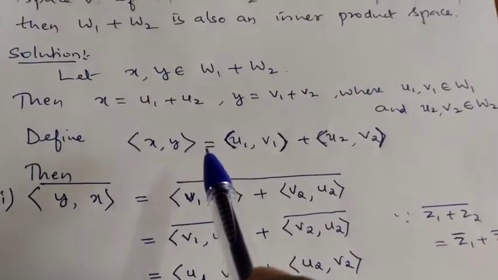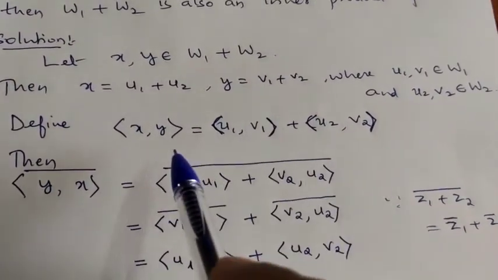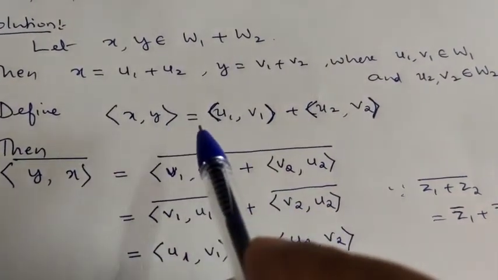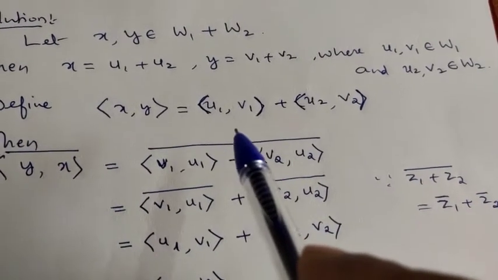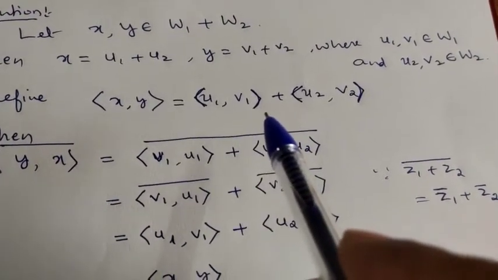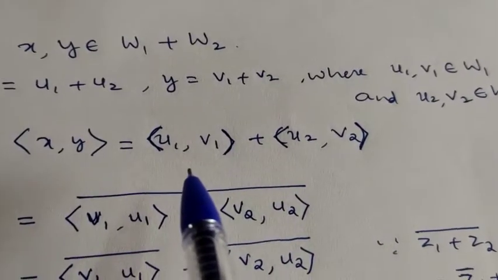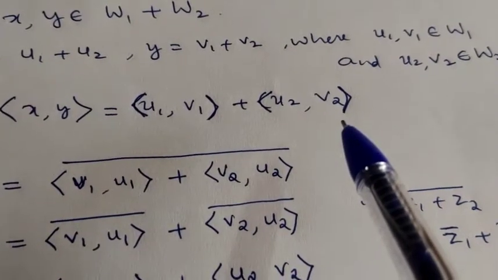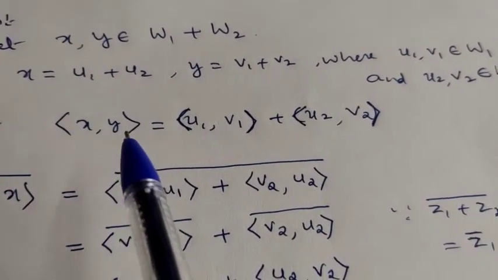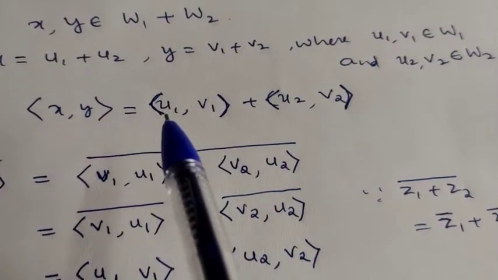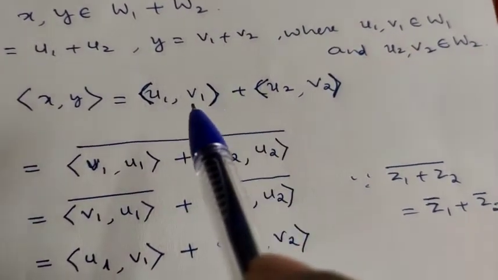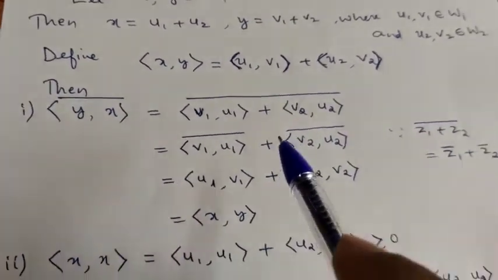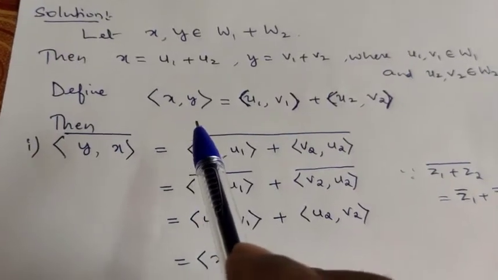Now define an inner product on this W1 plus W2: the inner product of the elements x, y is the inner product of u1 plus u2, v1 plus v2, which I have defined as ⟨u1, v1⟩ plus ⟨u2, v2⟩. Now I will prove this is an inner product on W1 plus W2.